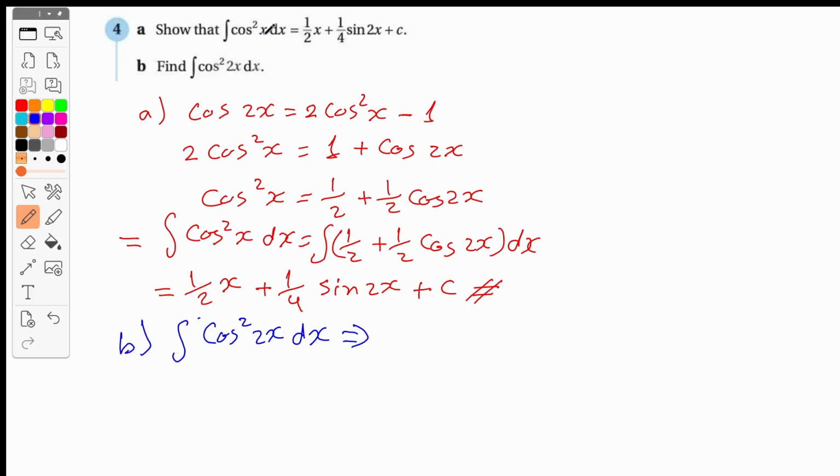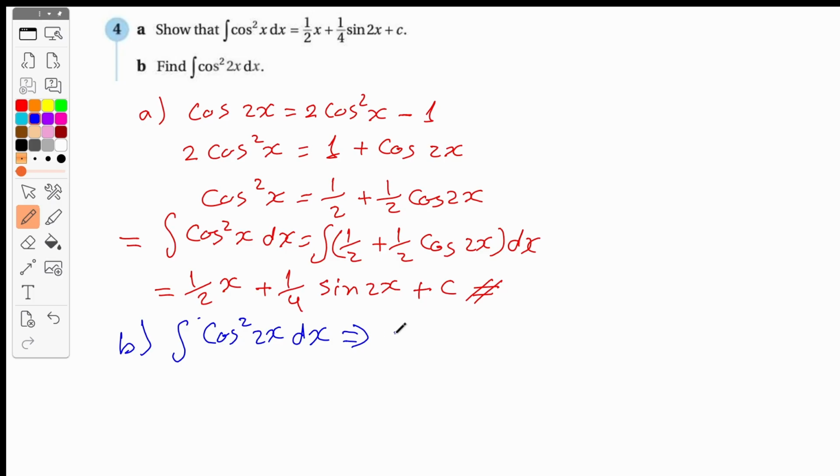So the difference is just x versus a double angle. We can use the same answer, but you need to double the angle, and don't forget to divide all by a, which is 2 here. So use this answer with each x doubled. Instead of x, we need 2x.